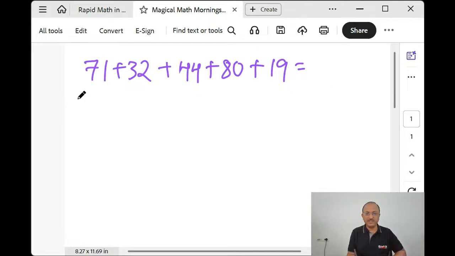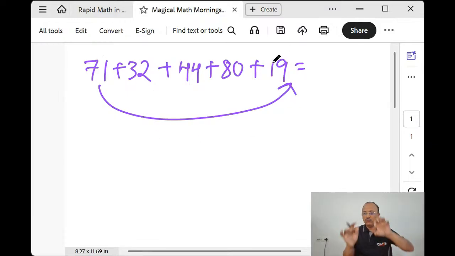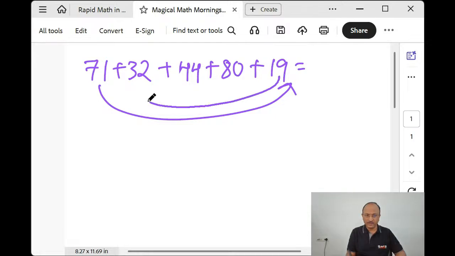Is there a number which is making a standard pair? Yes, 71 and 19. First, I will start from there so that I will remove some major chunk of the numbers which we can directly couple. 71 and 19 will make 90. 90, 30, 122. I will say directly 122. Next, 122 plus 40 is 162.